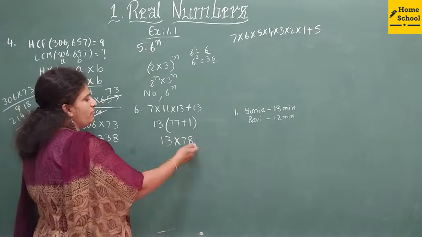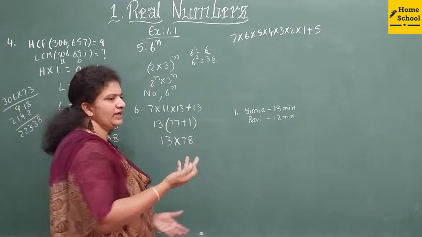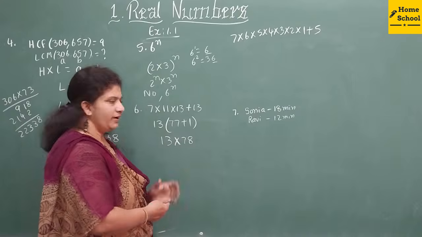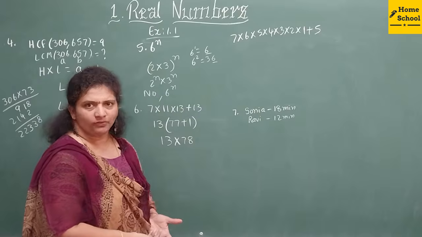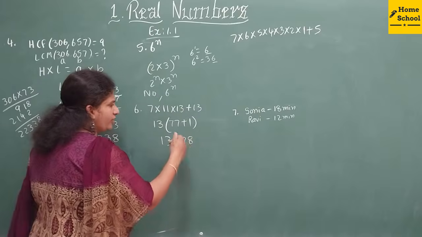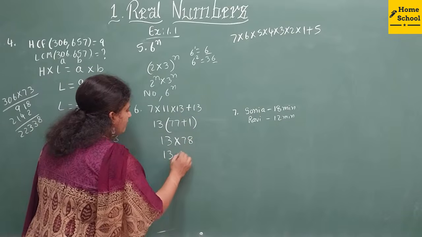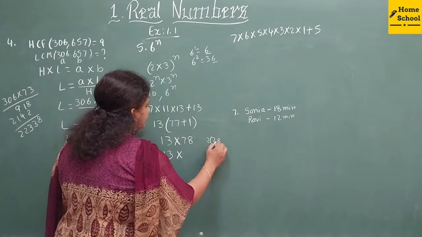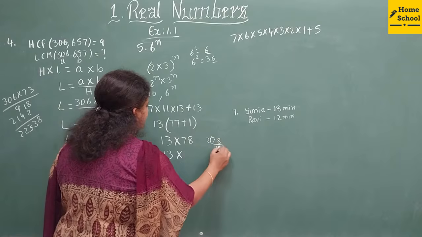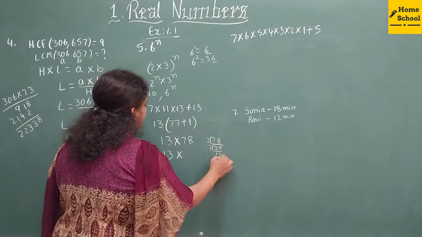Right. If you multiply these two, you will get a composite number. A prime number and a composite number, if you multiply, you are going to get a composite number. If you want, you can split this number also. How can I split this? 78 as 2 threes are 6, 2 nines are 18 and 3 thirteens are 39.